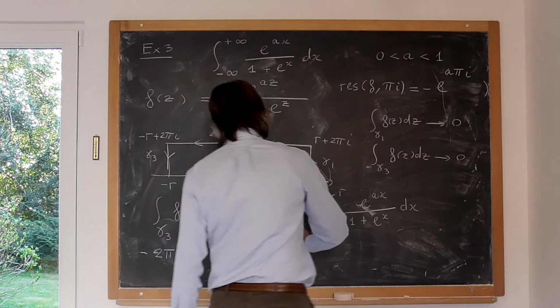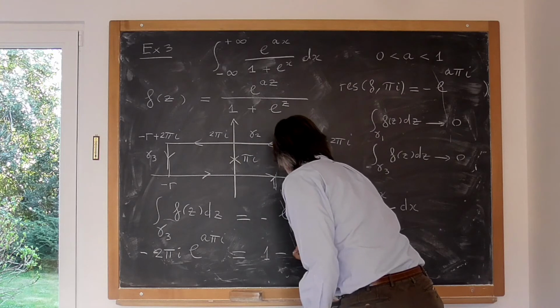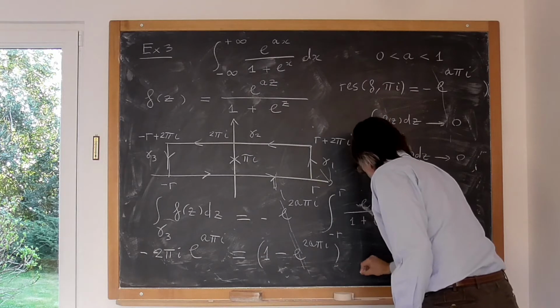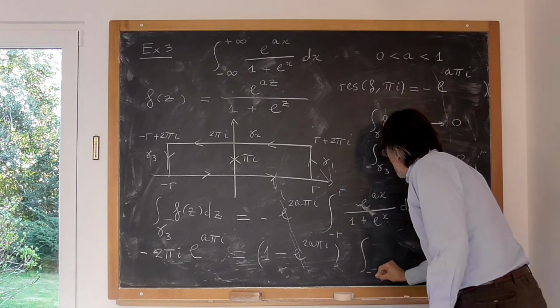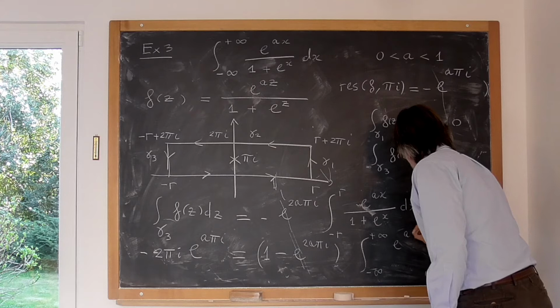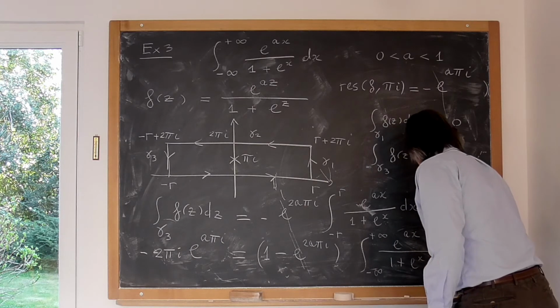And so we obtain that this equals 1 minus e to the 2a pi i that multiplies the integral we're interested in, from minus infinity to plus infinity of e to the ax divided by 1 plus e to the x dx.